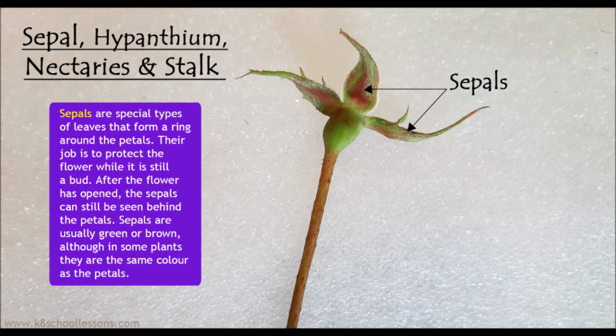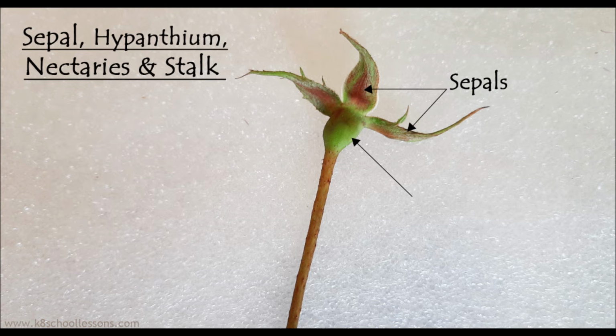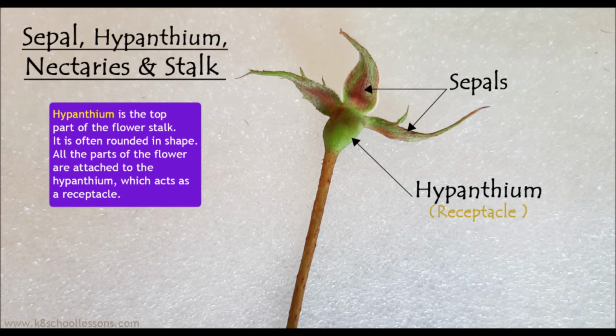Sepals are usually green or brown, although in some plants they are the same color as the petals. Hypanthium or receptacle. Hypanthium is the top of the flower stalk. It is often rounded in shape. All the parts of the flower are attached to the hypanthium, which acts as a receptacle.